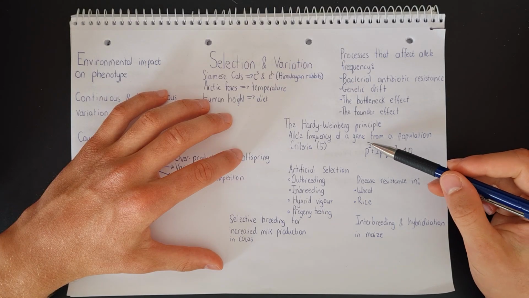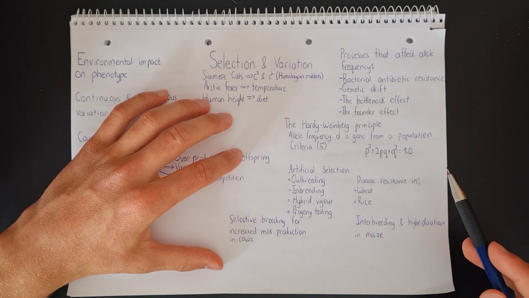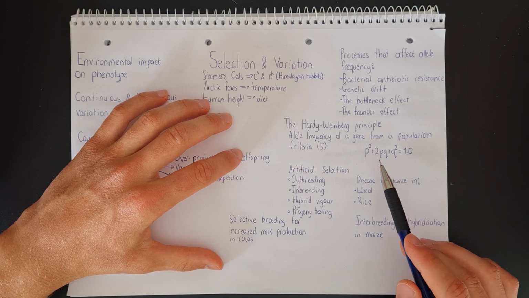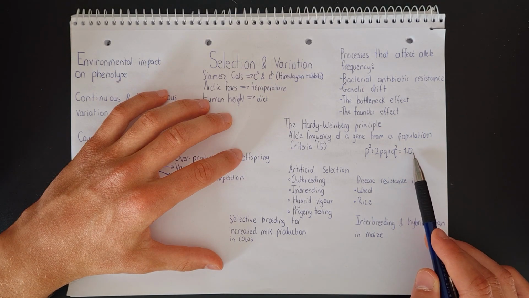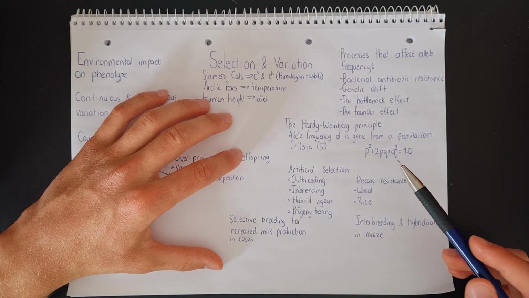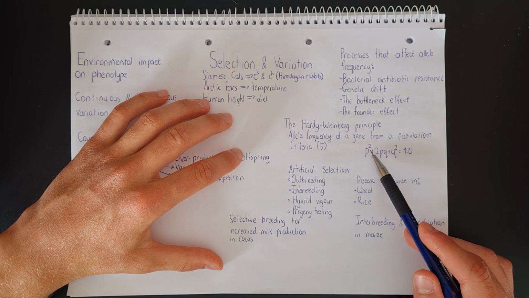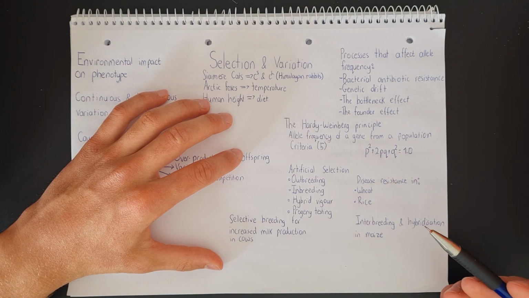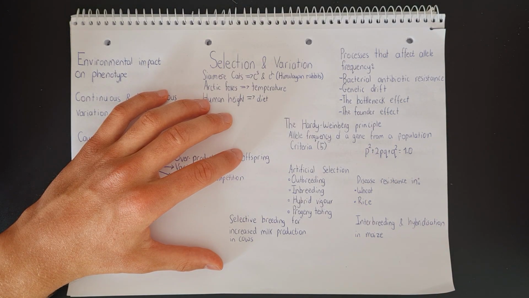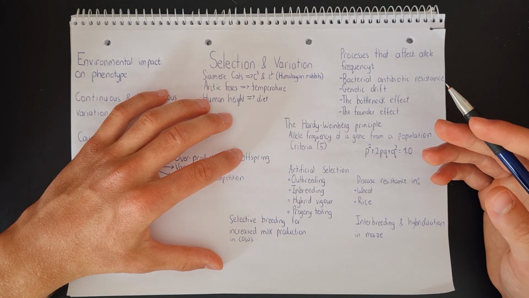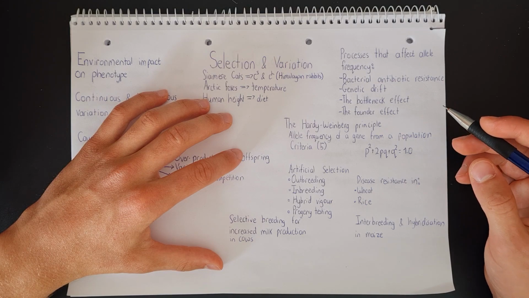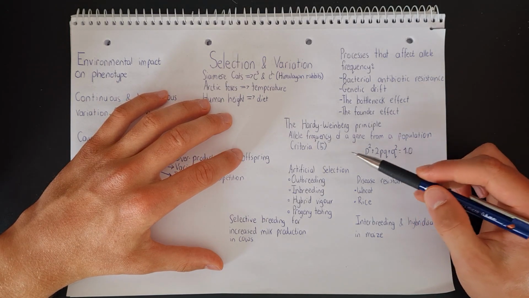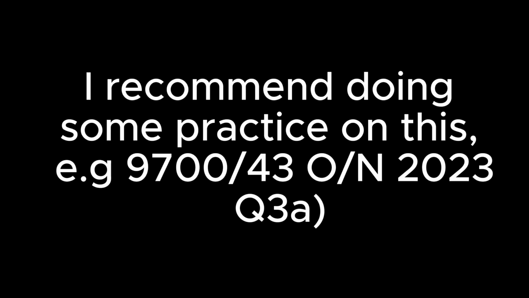Now, the Hardy-Weinberg principle formula is p squared plus 2pq plus q squared equals 1, where p is going to be the dominant allele and q will be the recessive allele. Okay, so that is going to be the Hardy-Weinberg principle.